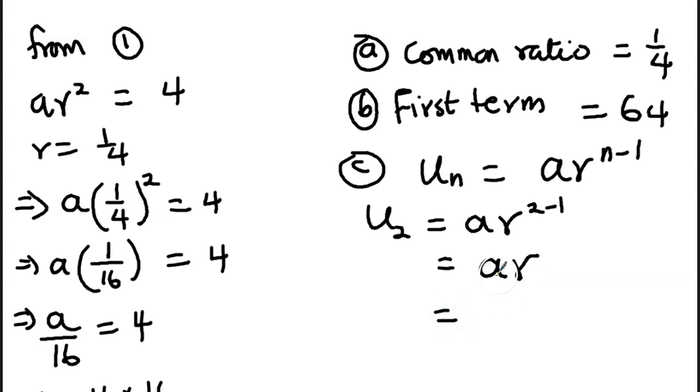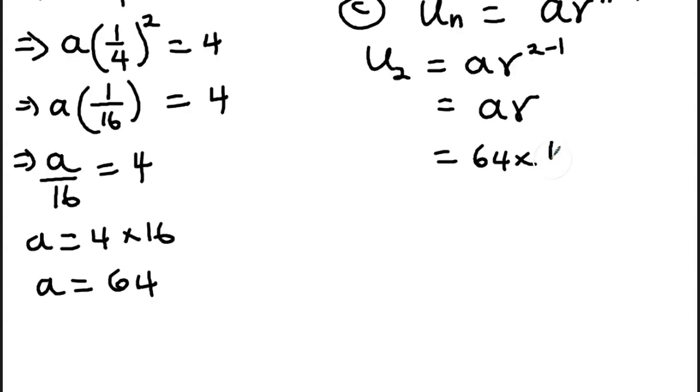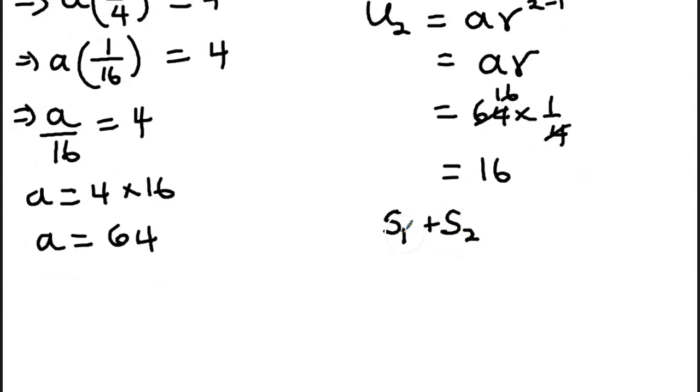The first term is 64 times the common ratio 1/4. So 4 will go into 64 16 times, which is 16. We have to find the sum of the first term and the second term, which is 64 plus 16, and when you put them together you get 80.